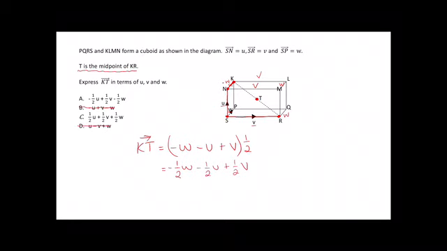It's quite clearly not going to be B or D because they don't involve any halves. C is all positives. Let's compare. I've got a negative U and a negative half U here. I've got a positive V, a positive half V, and a positive half V here. A negative half W and a negative half W here. So for the final question, question 9, your answer is A.